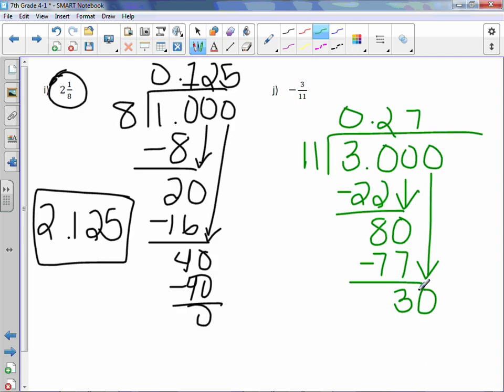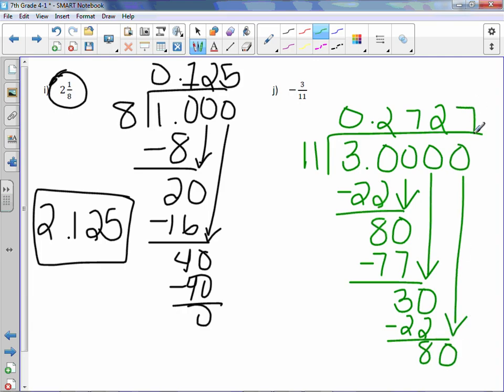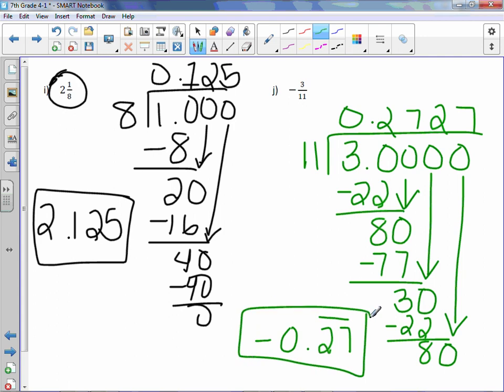Bring down a 0. 11 into 30 2 times, which is 22. Subtract and get 8. Bring down a 0. And we have a pattern here. 2727. So negative 0.27 repeating. And this is a repeating decimal. And the digits that repeat are both 2 and 7. So we put the bar over both.